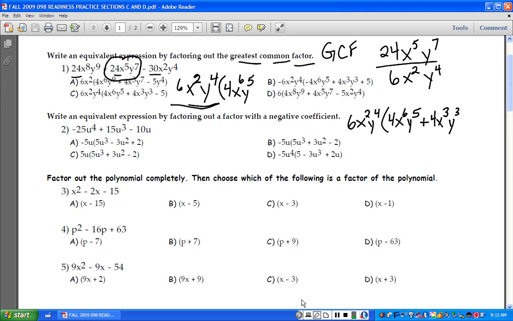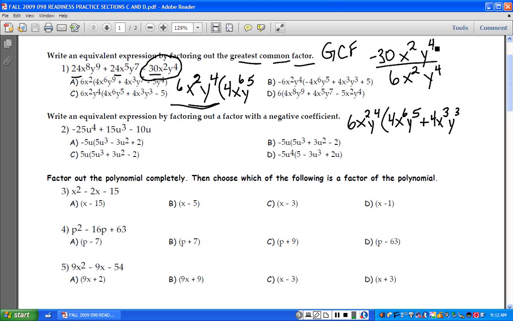So now we shift our focus to the last term. Okay, so if we're using the last term, get rid of this up here, and we write negative 30 x squared y to the 4th.